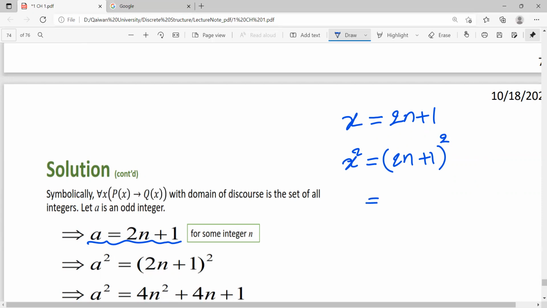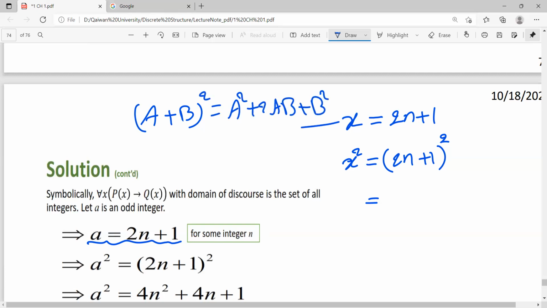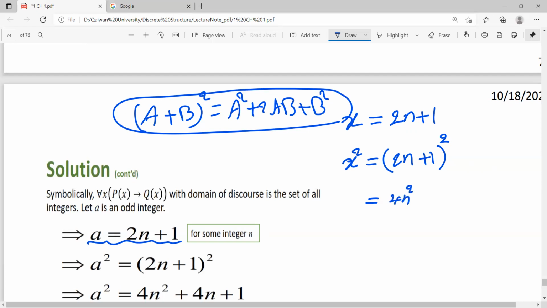If you have (a plus b) squared, it equals a squared plus 2ab plus b squared. We have that rule, so we expand (2n plus 1) squared by that rule. We get 4n squared plus 4n plus 1.